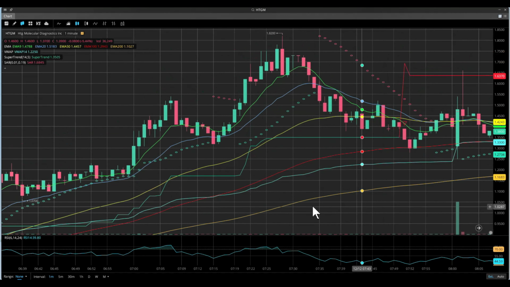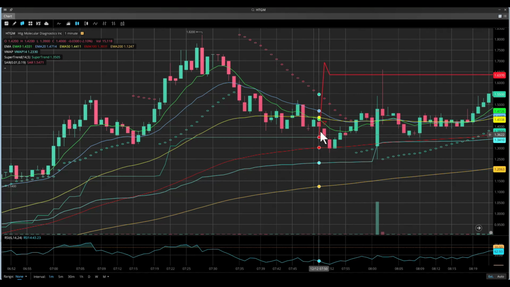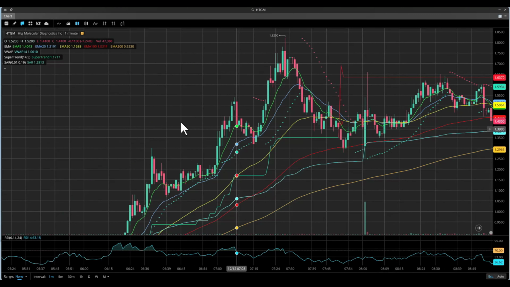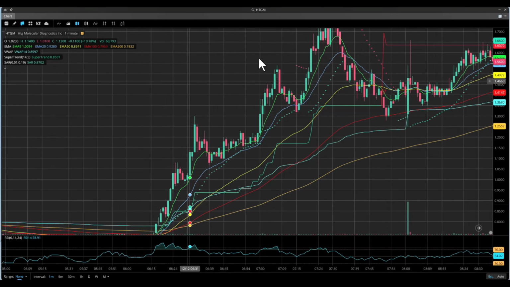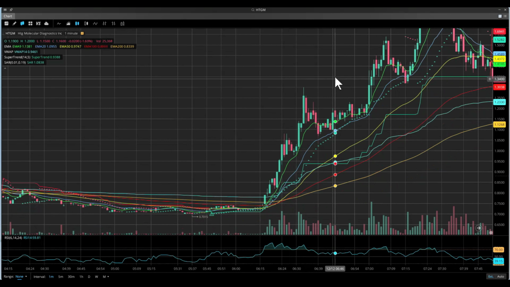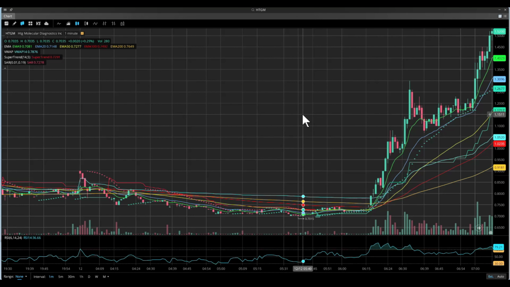Now keep in mind, super trend does switch colors as well, and these circles that are red or green, that's SAR, and this is VWAP. And I will get more into details on this throughout the video, but let's bring up the actual alert when it comes in.